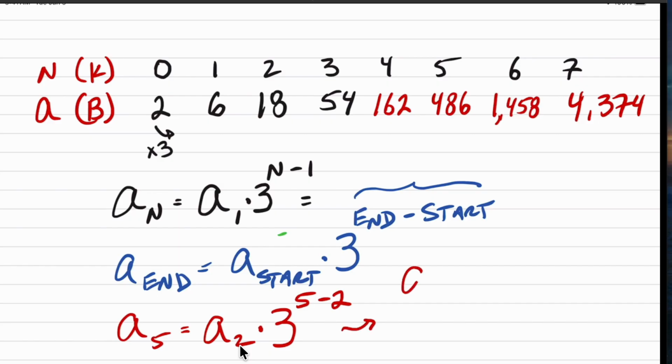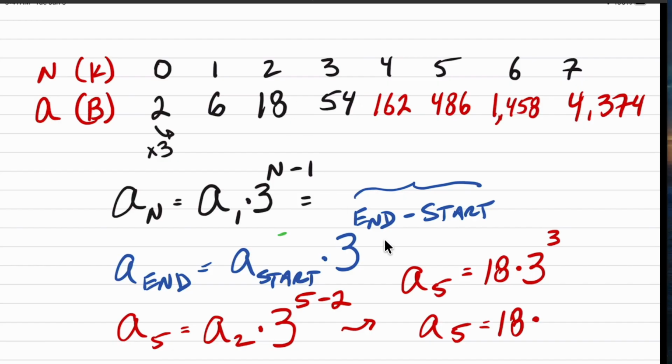Let's see if the amount at position 5 equals the amount at position 2, which is 18, times 3 raised to the 3rd power. A sub 5 equals 18 times 3 to the 3rd power. So 3 to the 3rd power is 27.